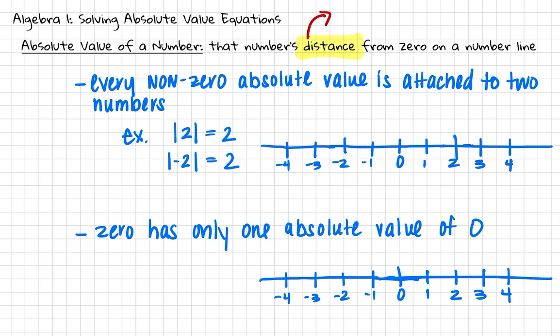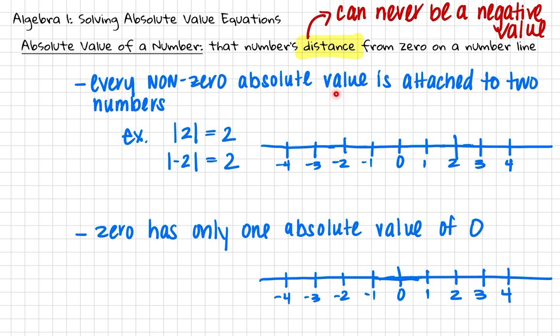You can either go 5 feet ahead of you or 5 feet behind you, but you can't go negative 5 feet anywhere. So I'm going to put here that it can never be a negative value. Absolute values are always positive, as we'll see in this next part.